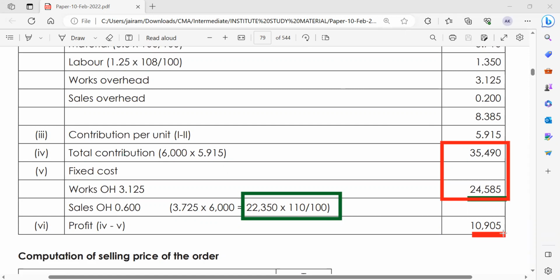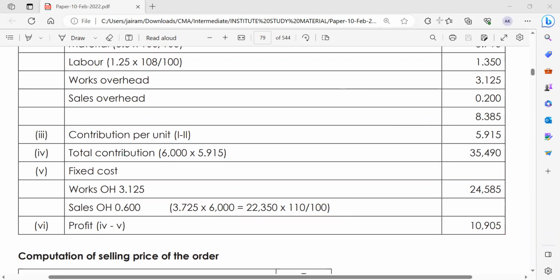So you understood how we did this? This part is clear before I proceed further. So 10,905 is the profit which we are already getting.